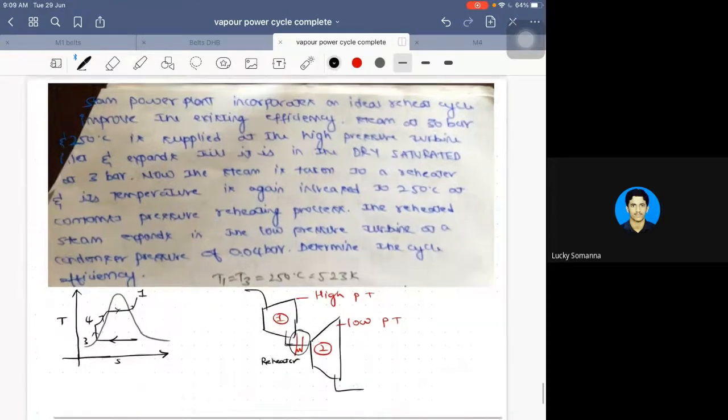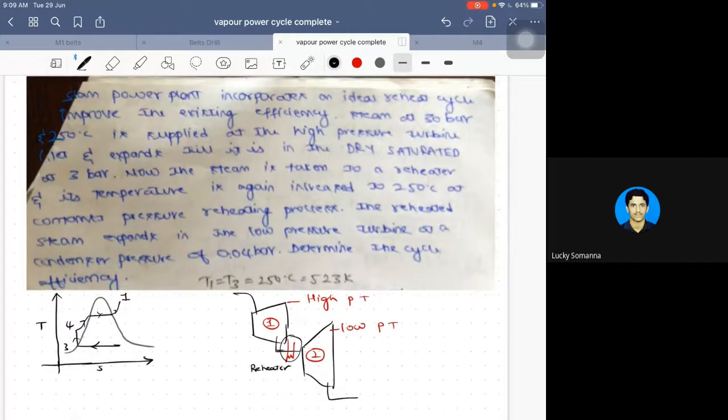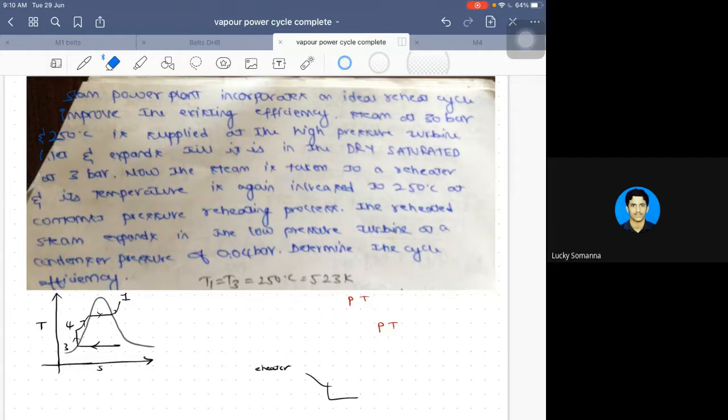For example, he says steam at 30 bar and 250 degrees centigrade is supplied to a high pressure turbine. That means these particular parameters, can I say them as P1 and T1? Do you require this diagram?